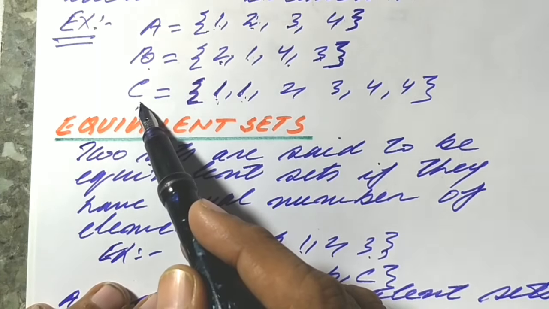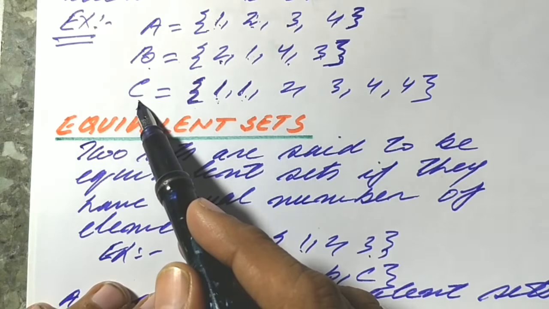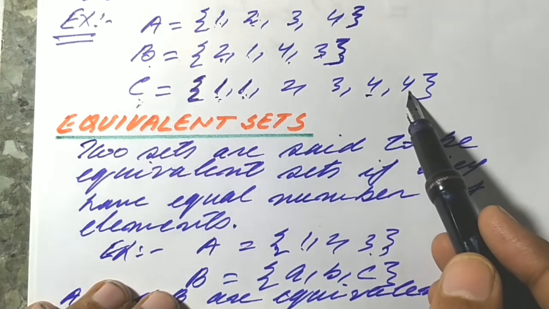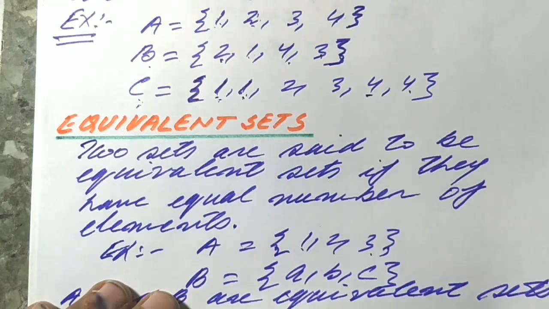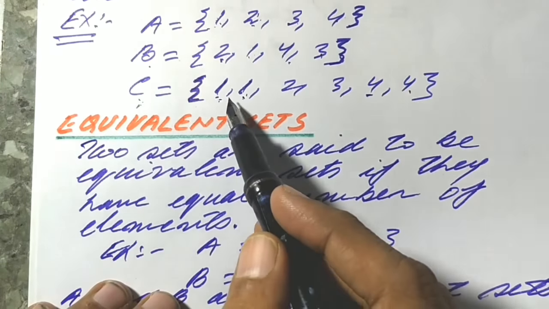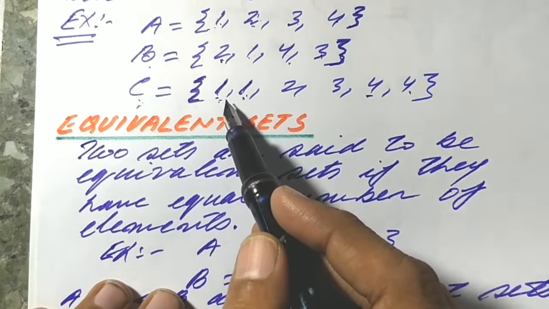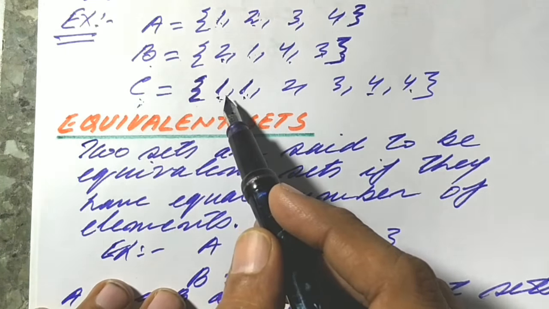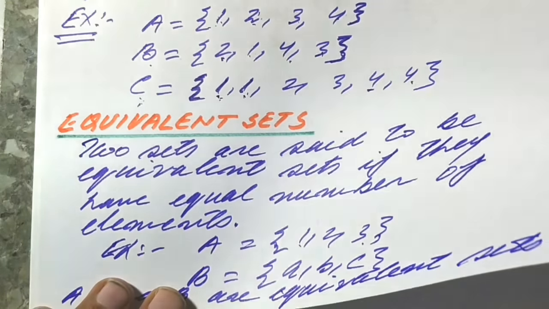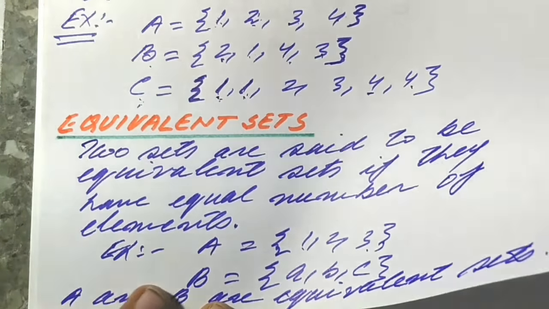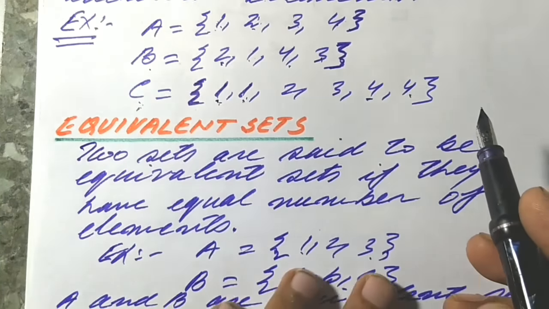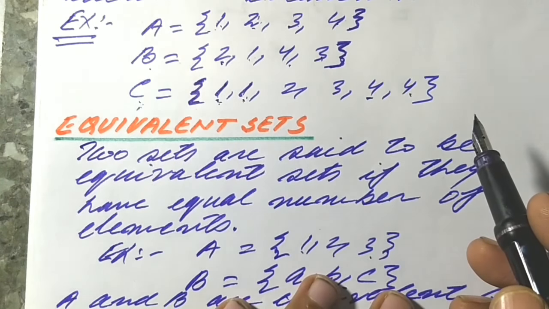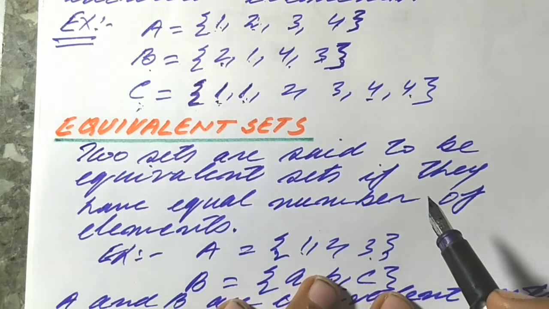Now let's talk about the set C. Here 1 is repeated and 4 is also repeated twice. One thing must be clear to you: repetition of elements in a set is not allowed. If a particular element is repeated any number of times, it is considered once.